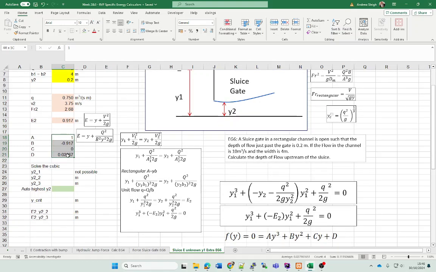We can put these in our cubic solver. Let's see what the cubic solver says.